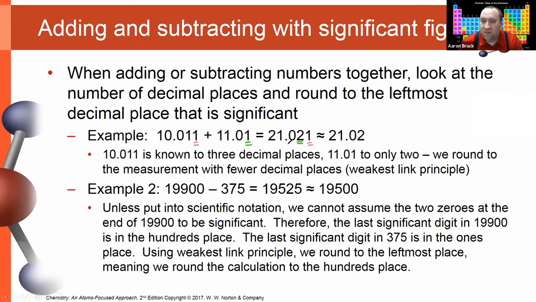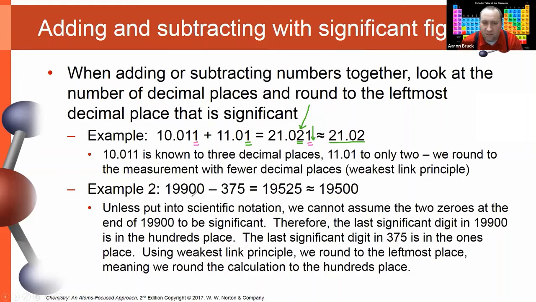Our weakest link principle tells us that we are going to round to the value that is the leftmost decimal place that has an uncertain digit in it. That would be this 2. So using our rule of 5, 1 is less than 5, we're going to round down. 21.02 is our answer.